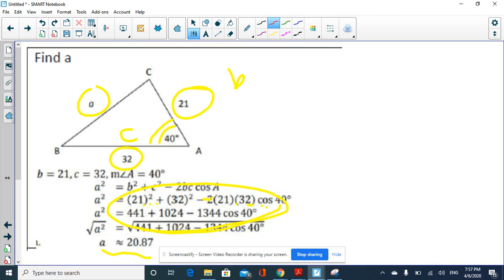The length of a equals 20.87. Does it make sense? Yes. We don't have the measures of angles B and C, so we can't make a comparison now. But this is the value we got. Okay.